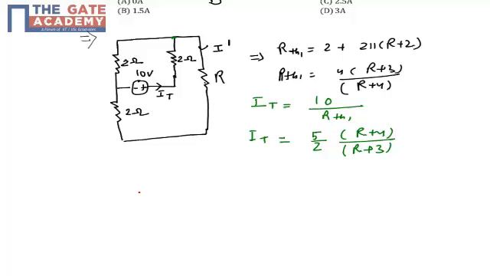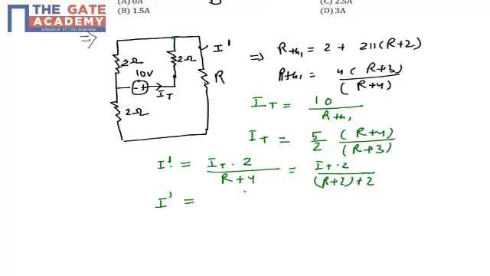So let's apply the current divider at this node. My I1 will be equal to I total times the resistance of the other path, which is 2 ohm, upon the total resistance, which is R plus 2 plus 2, so R plus 4. So now put the value of I total.